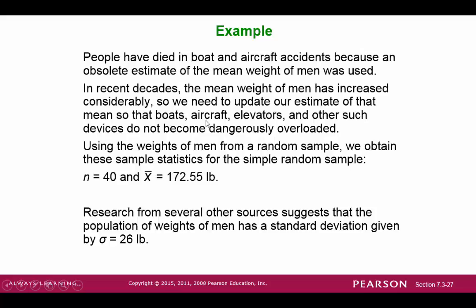So in our example, we're going to use an assumed population standard deviation of 26. Notice s was not given, and if it was, we wouldn't use it because we know some information about the population standard deviation.